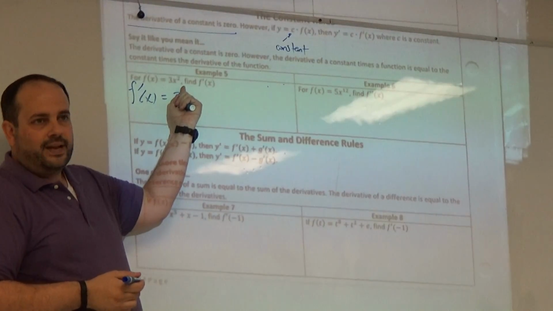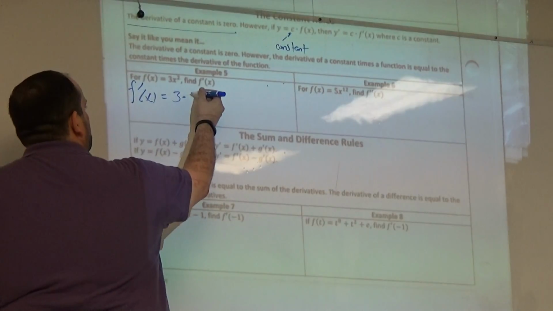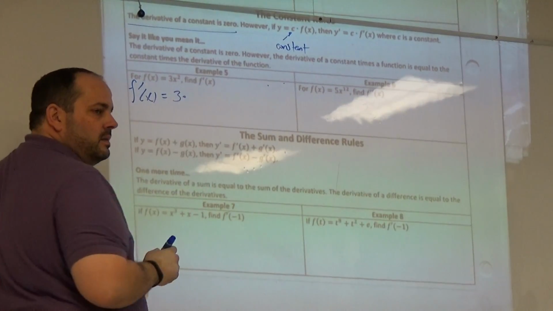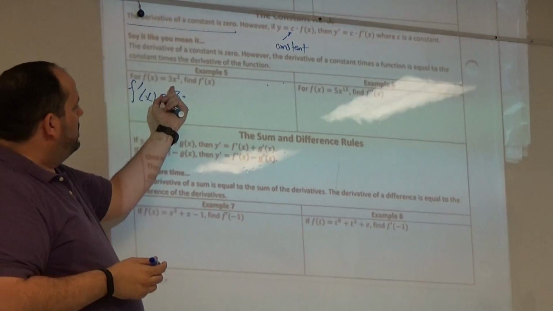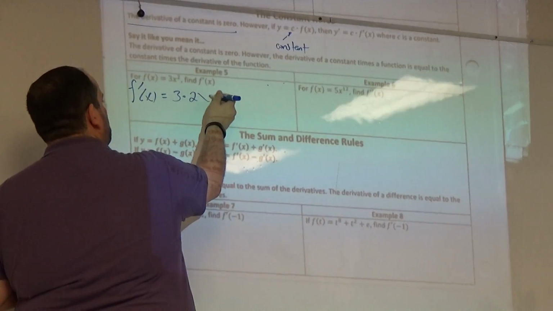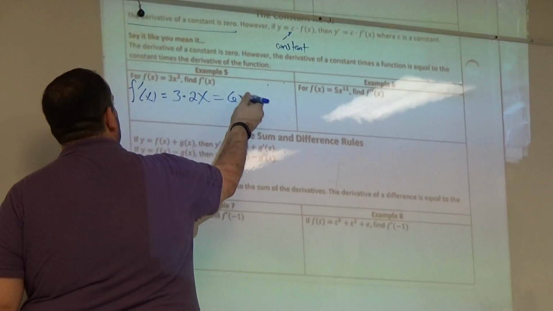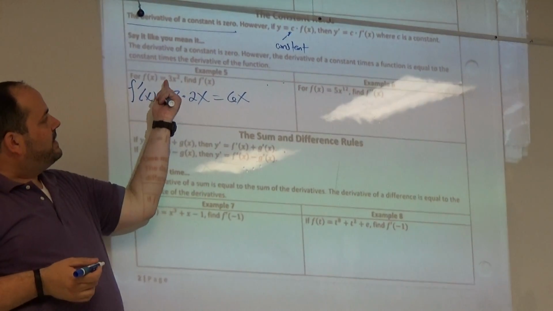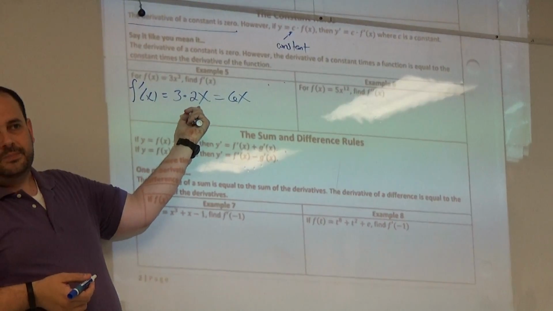Now take the derivative of x squared. Derivative of x squared is 2x. So your final answer? 6x. Done. When you're taking the derivative of a constant times a function, leave the constant alone times the derivative.